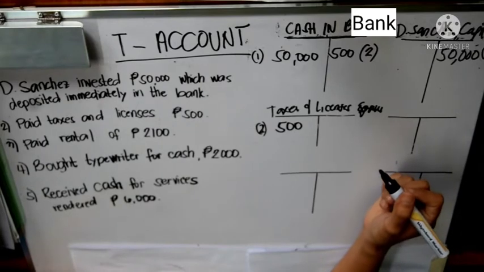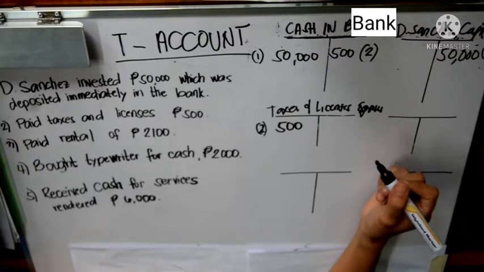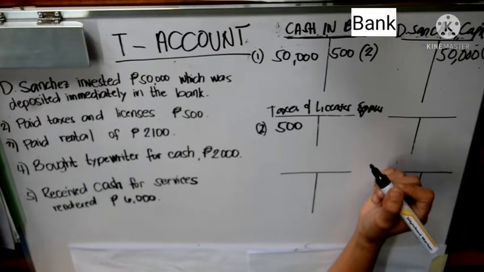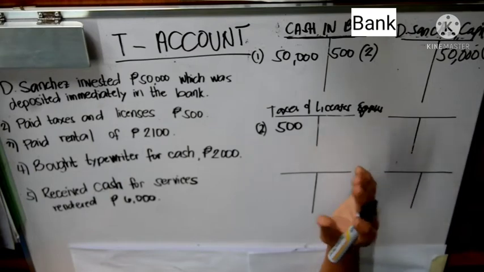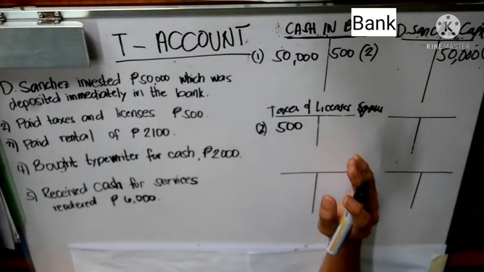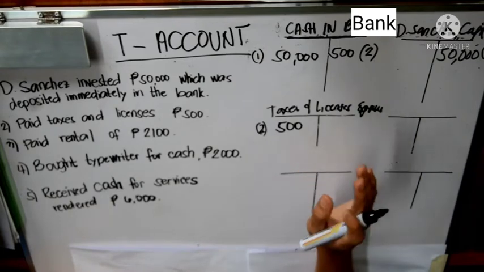Okay. So, number 3, paid rental of 2,100. So, ibig sabihin, nagbayad tayo ng ating rental. So, rental is what? Rental is a rent expense. So, yan yung rent mo, for example, kapag yung business mo nagre-rent lamang ng place kung saan ka nagtitinda.